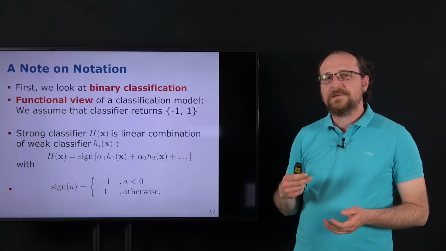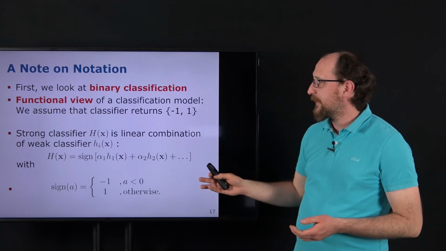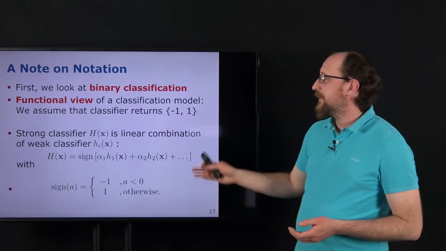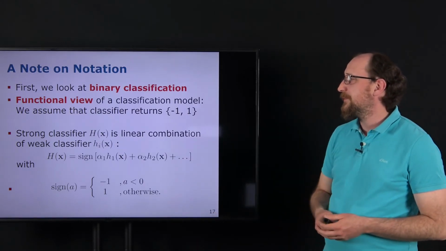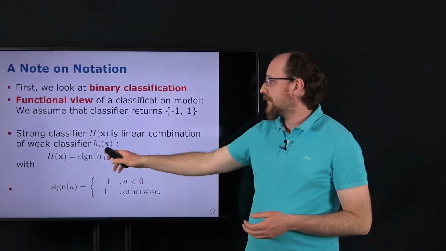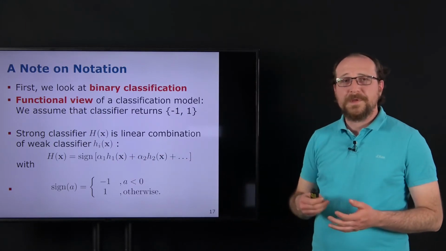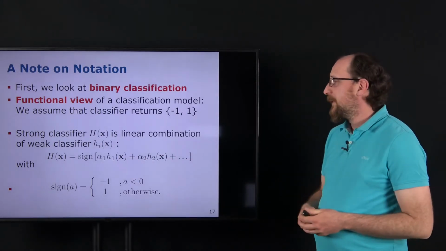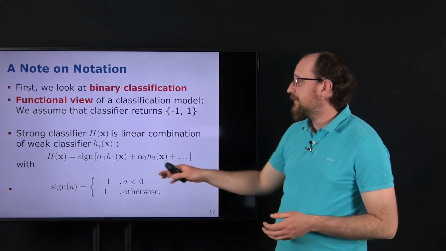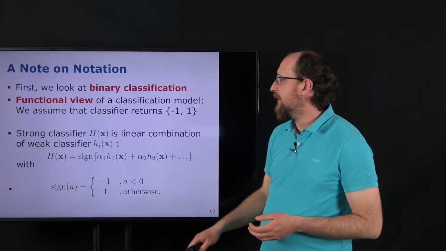Another thing is that we now have the strong classifier, capital H, which is a linear combination of the weak classifiers, lowercase h in this case. I denoted them by i because there are many of them in the ensemble, and the weight of the classifier always has the same index.